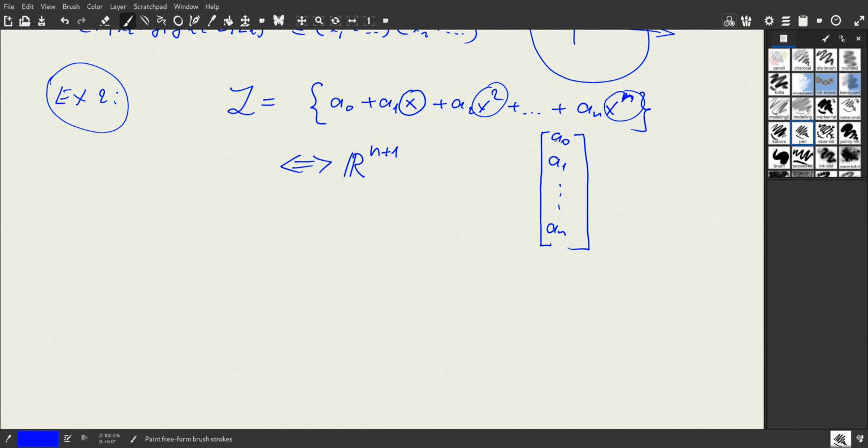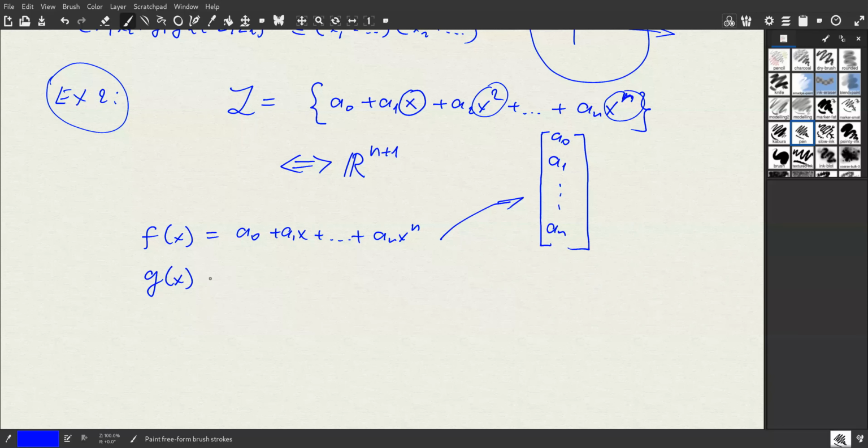Simply because, how we do it? We write the coefficients of this polynomial as a column vector, a0, a1, an. And then adding up two polynomials. So for example, if we have one polynomial which is f of x, and this is a0 plus a1x plus so on plus an x to the power n, and this is given by this vector.